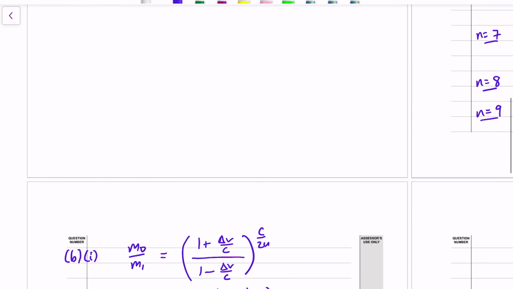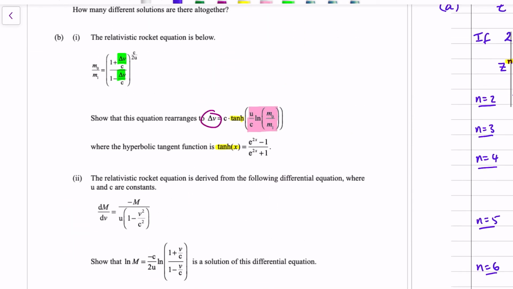Going back to the original proof of the right hand side, I've got that e to the 2x minus 1 over e to the 2x plus 1 quantity, and that's the hyperbolic tan of x. So delta v is equal to c times the hyperbolic tan of the pink expression, which I called x.